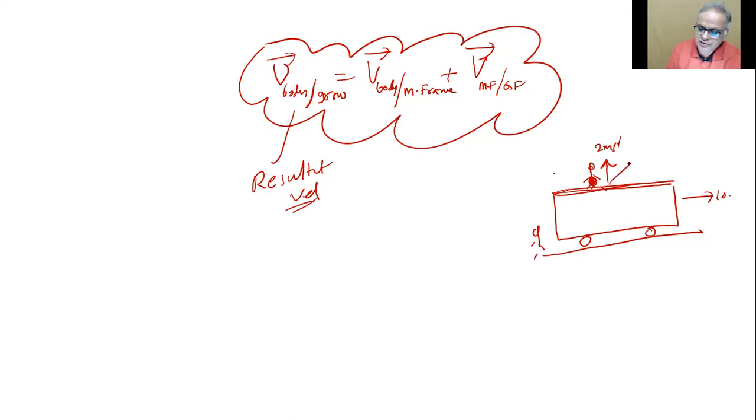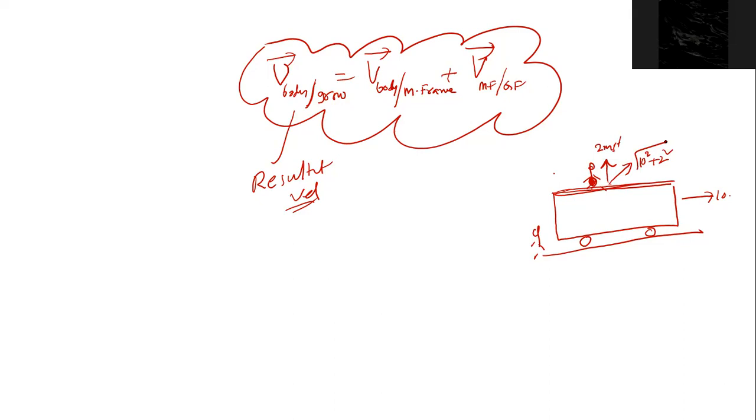He jumps like this with the square root of 10 squared plus 2 squared. Sir, when he jumps, the bus will go forward, no, sir. That's why I'm telling you. When this person was there, he had this velocity also, along with the bus. Yes, sir. So he's pulled forward and he's also pulled upward. So net he'll be pulled like this.